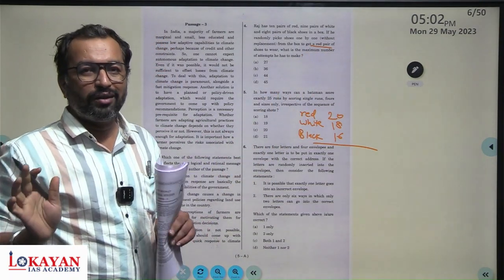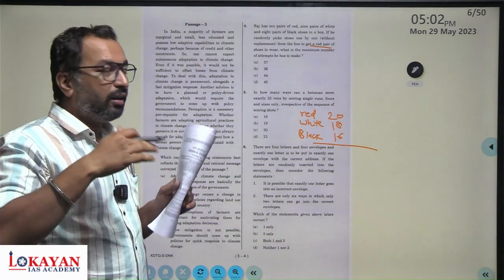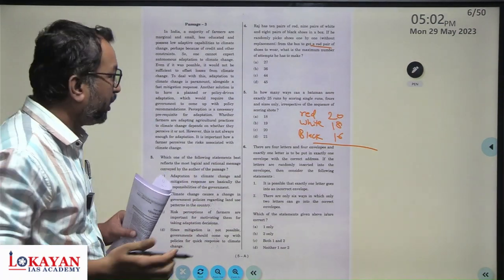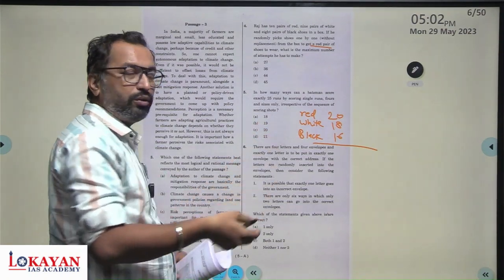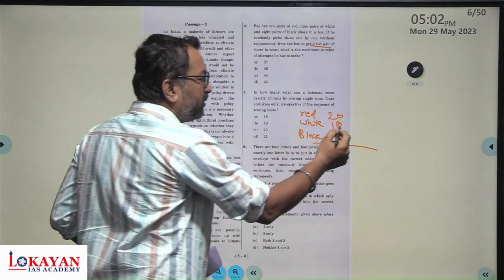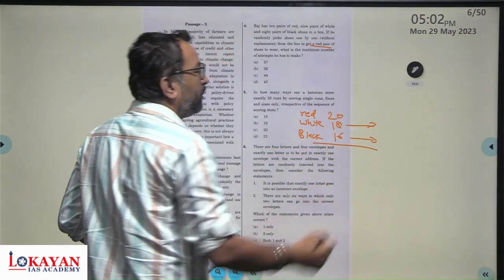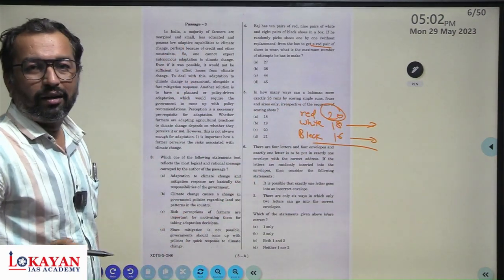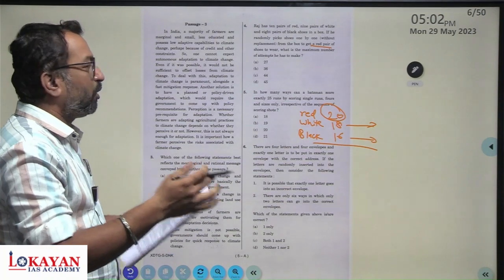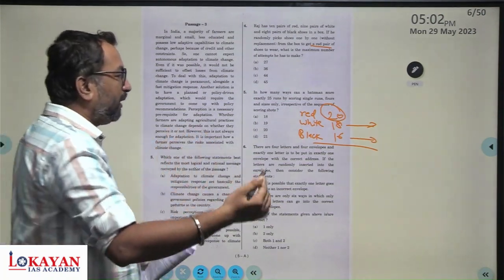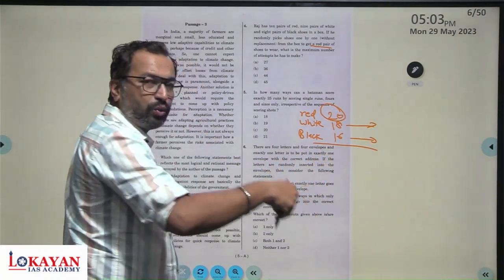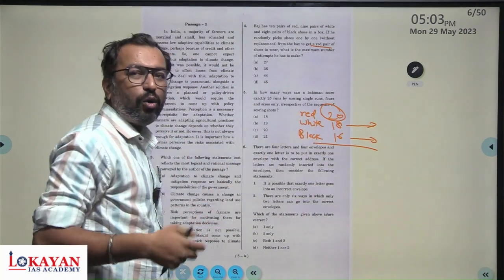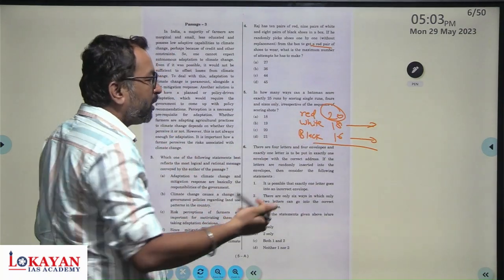These types of questions are recurringly asked in the examination. In this type of question, take extreme conditions. Suppose that to choose a red pair, it is Raj's bad luck that every time he takes a shoe out, it is either black or white. How many times can that happen?